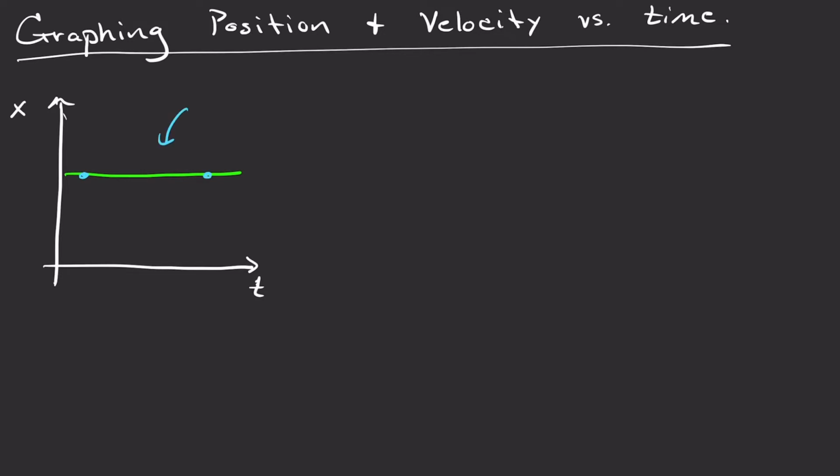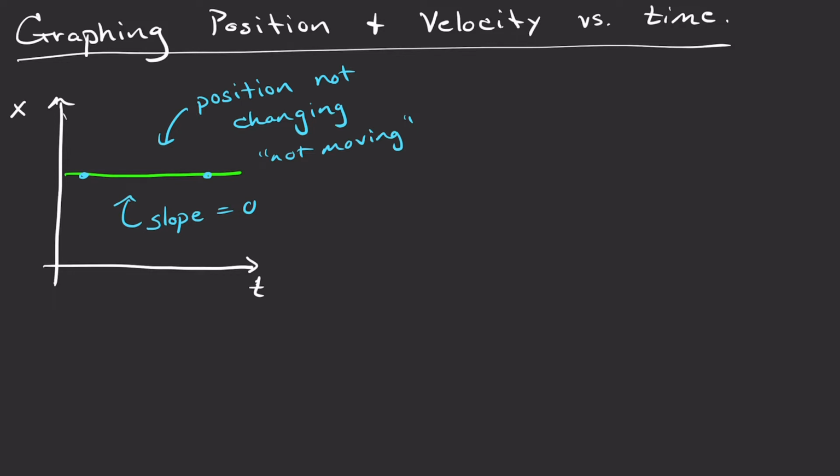And so this represents an object whose position is not changing. Okay, so if it's not changing, it's another way of saying it's not moving. And also notice the slope is equal to 0.